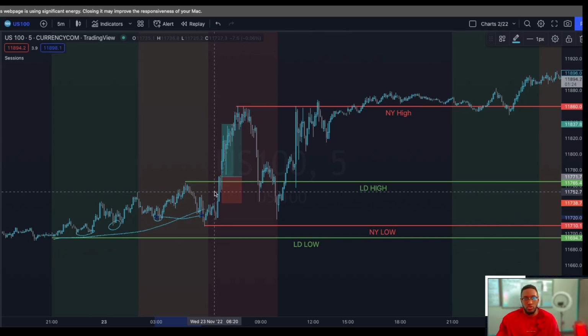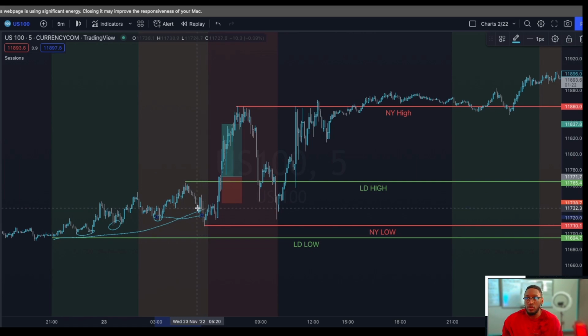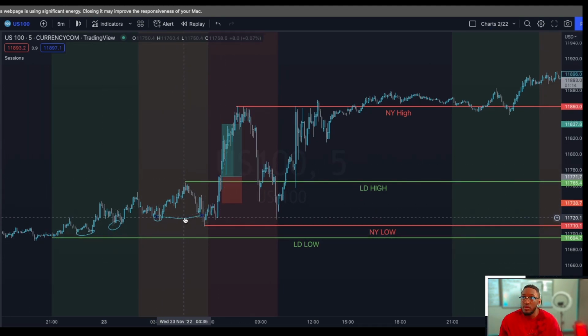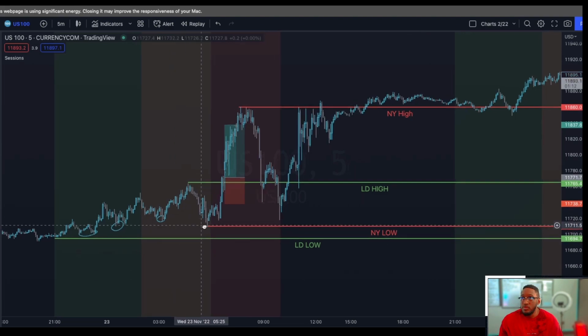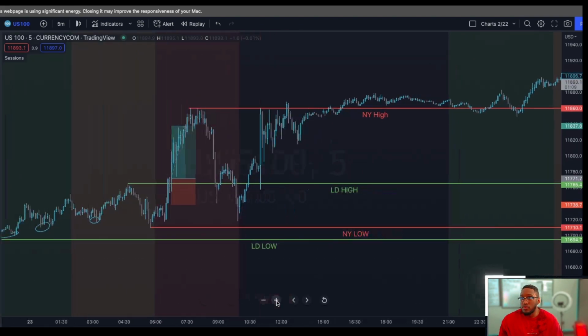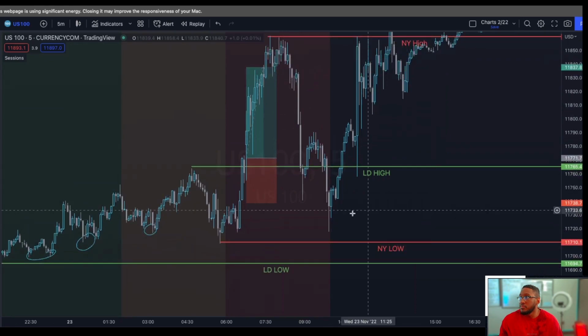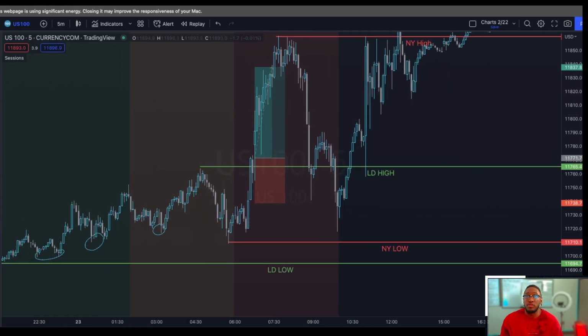A stop-out sweep is when price comes into a previous low or a previous high and stops out orders. Let me erase this, and you can scroll in and see a little bit. You get these wicks here, and where are these wicks located? Right here. So this was a previous level.